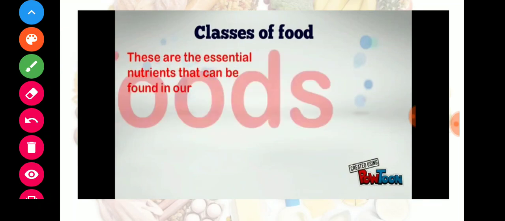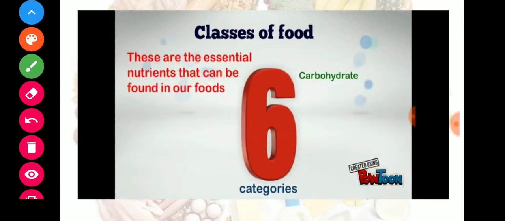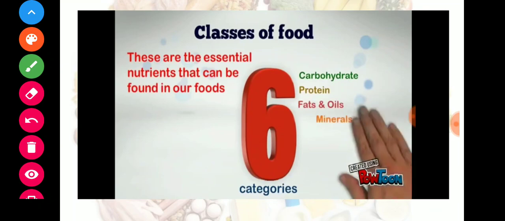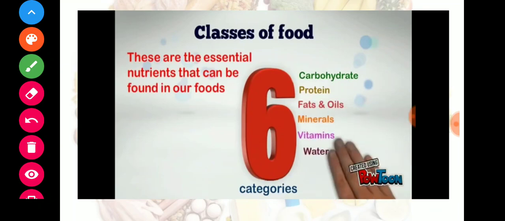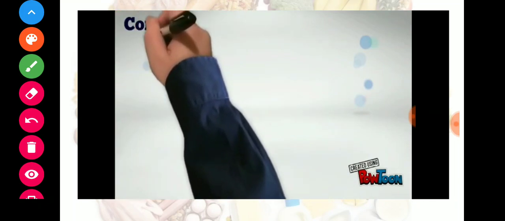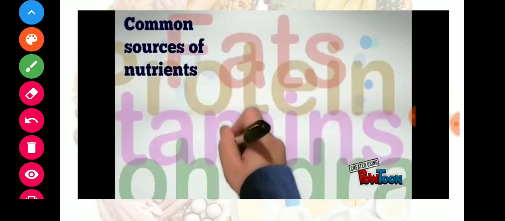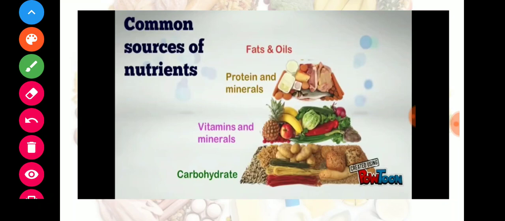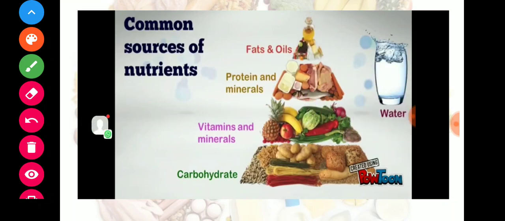Here we can classify the food in 6 categories: carbohydrates, proteins, fats and oils, minerals, vitamins, and water. Common sources of nutrients are fats, oil, protein, minerals, vitamins, and carbohydrates.